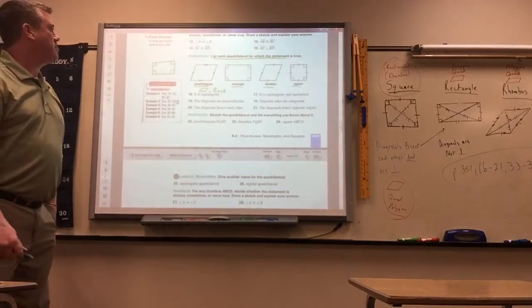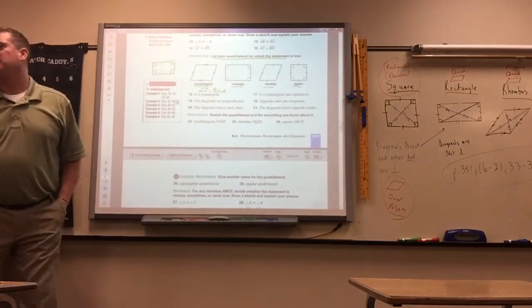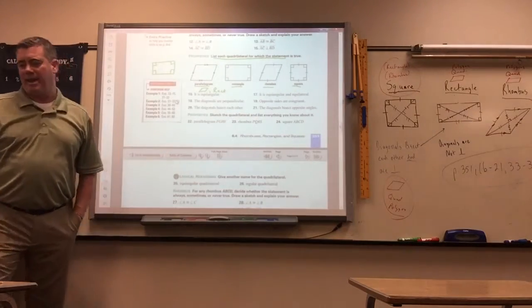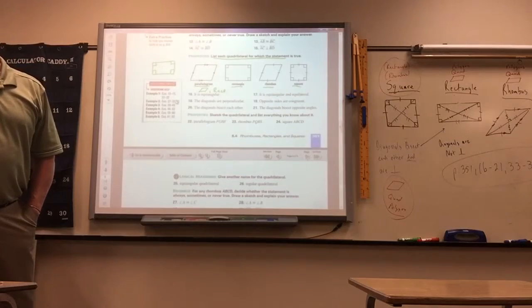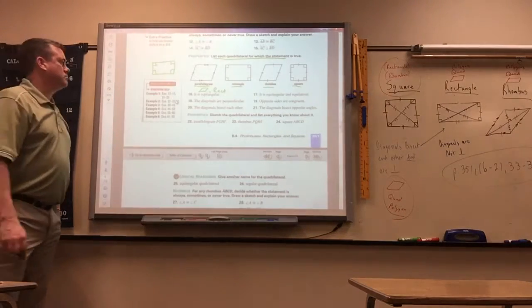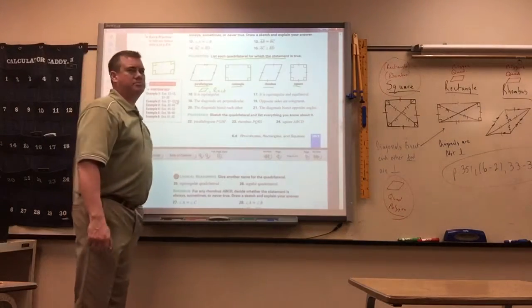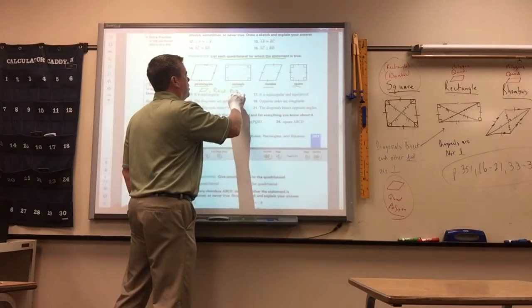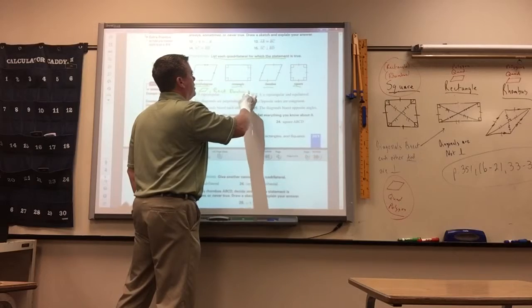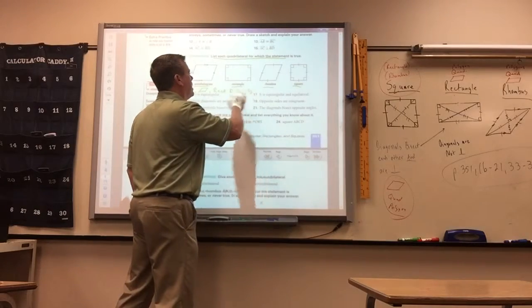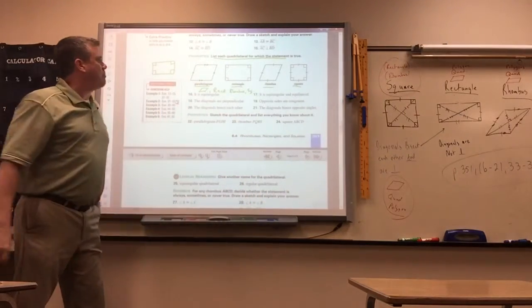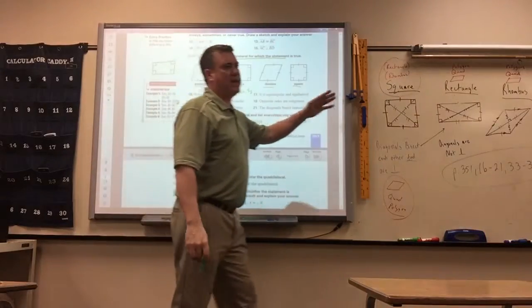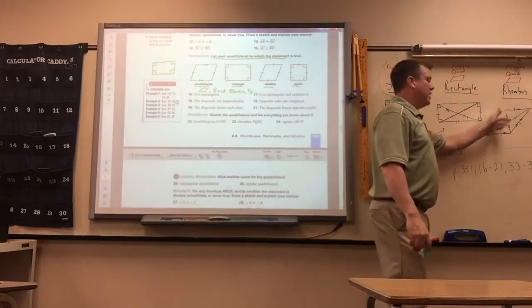Wouldn't a square be one too? Yep. Remember, a rhombus could have all 90s. So it could, not always.